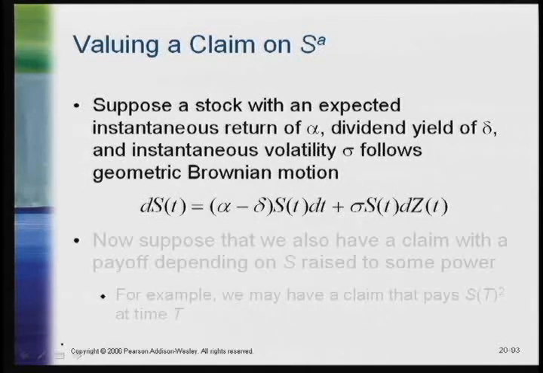So we'll go back to the typical process of a stock with an instantaneous return of alpha. Delta is the dividend return. So this is again the price change of a unit of stock, so that we only reflect the capital gains in the drift, and then we have our usual volatility.